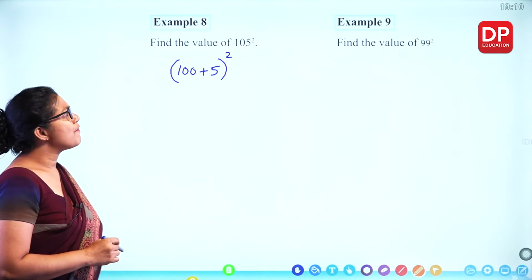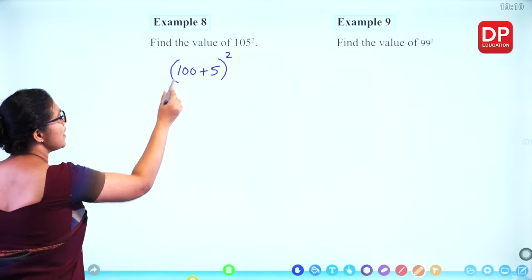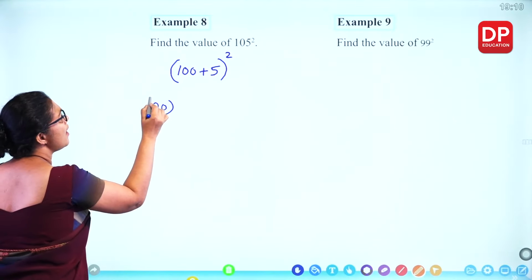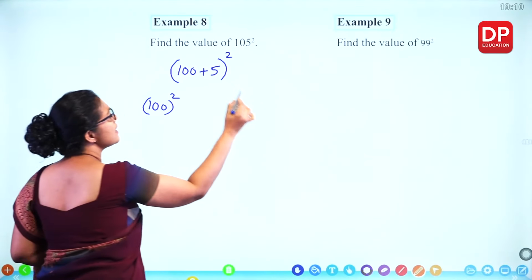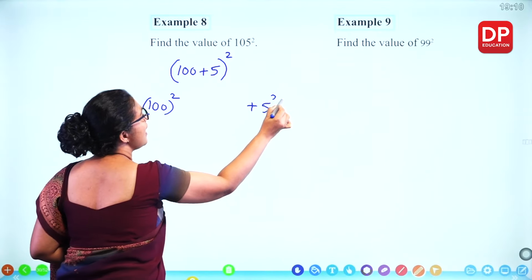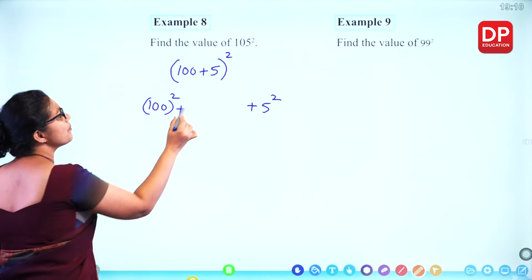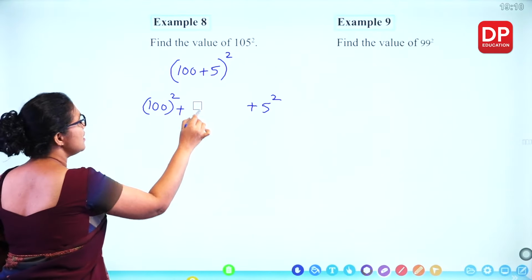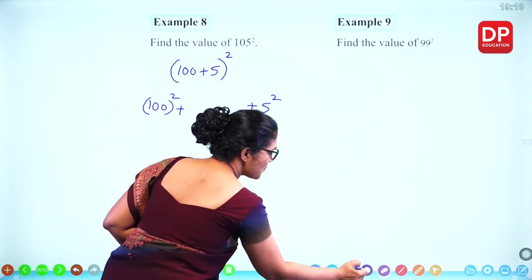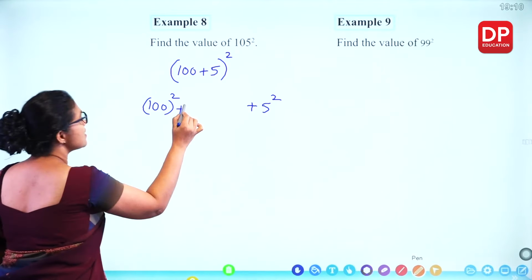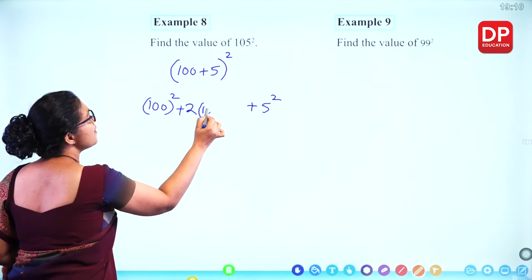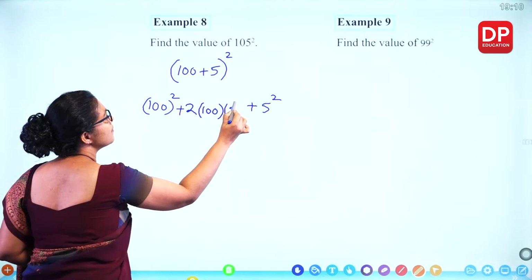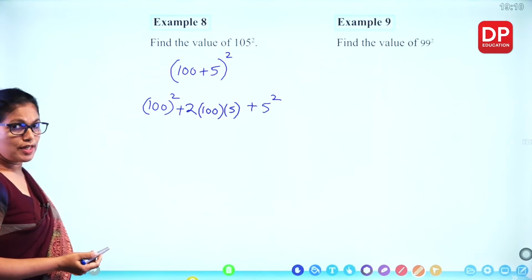We take the first term squared, the last term squared, and the middle term is double of the two terms. So we write double of 100 and 5. Now you need to simplify.